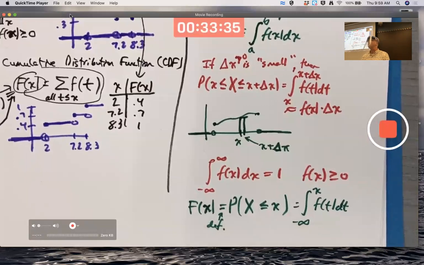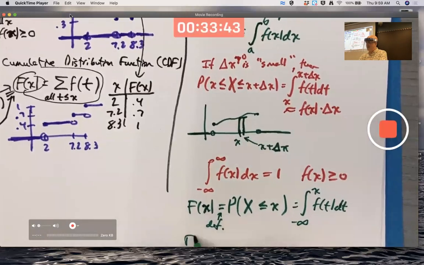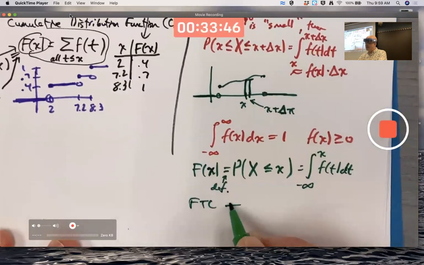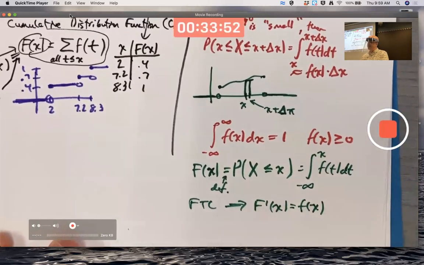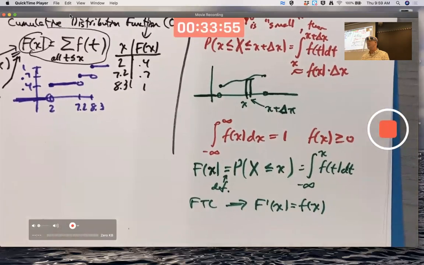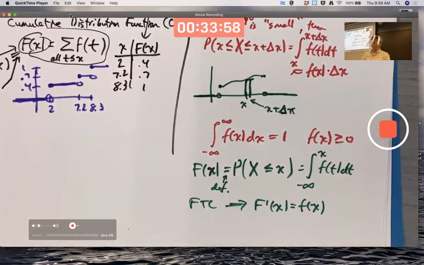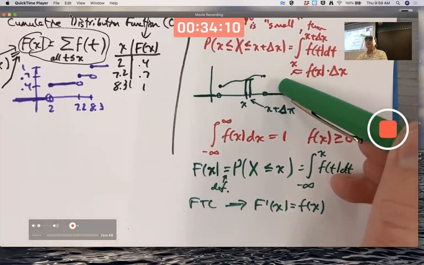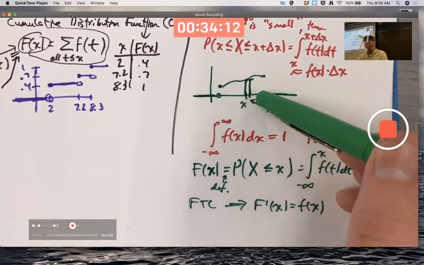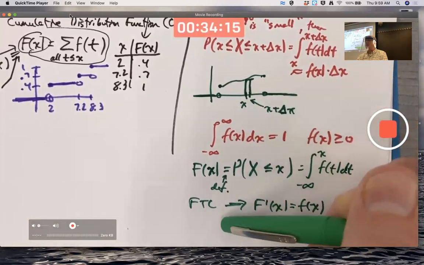Therefore, the derivative of, fundamental theorem of calculus, in fact, says that the derivative of capital F is little f. For all values of x where little f is continuous, at least there. Where little f is not continuous, like just some jump discontinuity like this picture, then capital F would not be differentiable at those values of x, at these two values of x here. The graph of capital F would have like a corner in it.